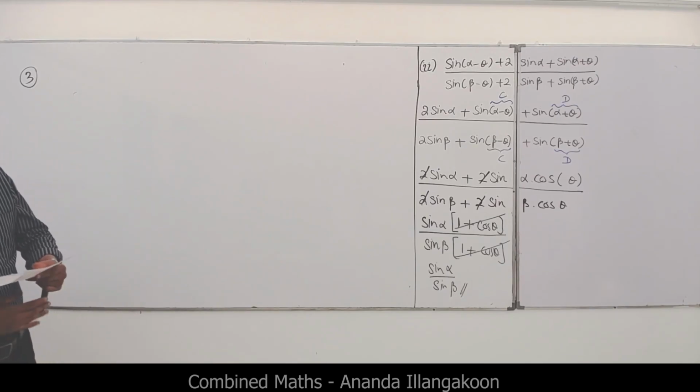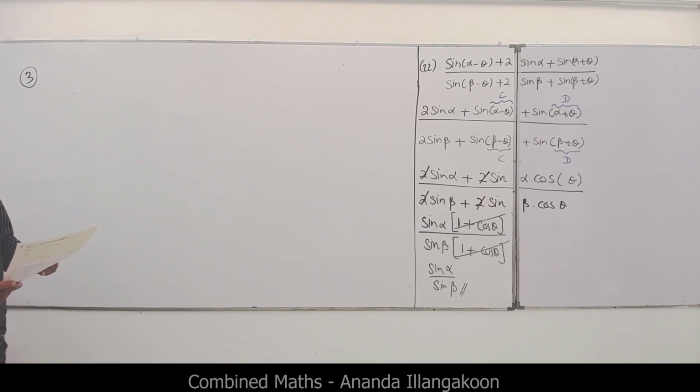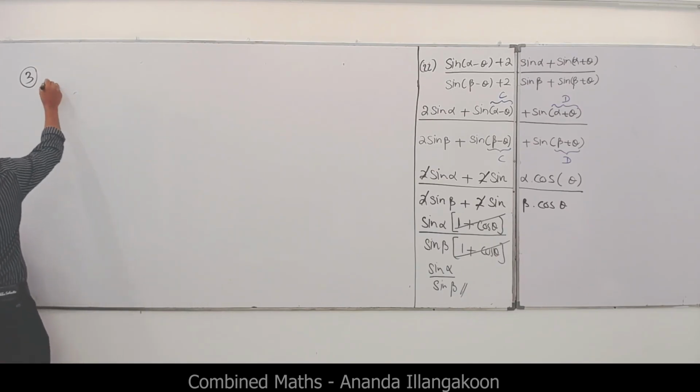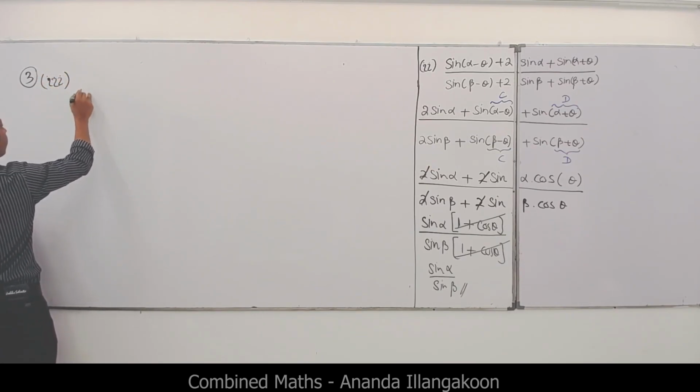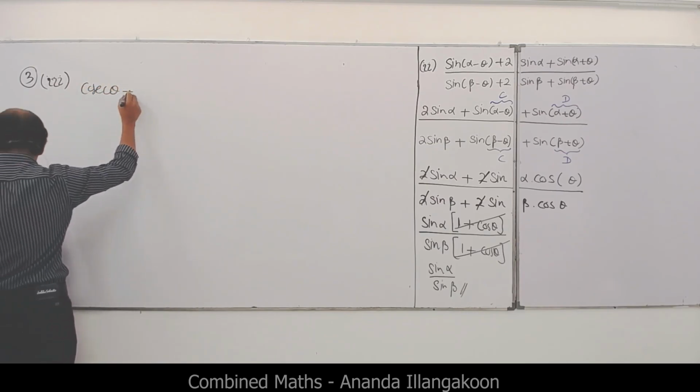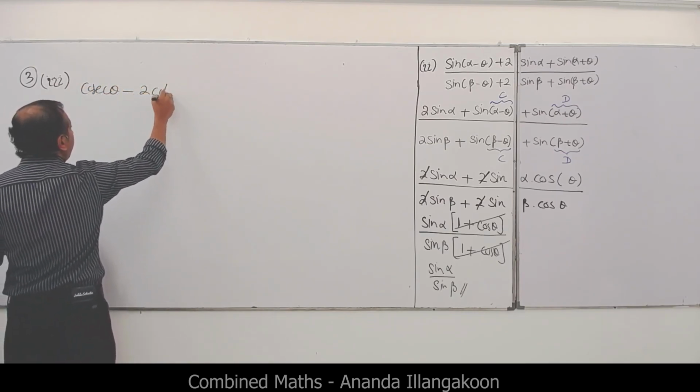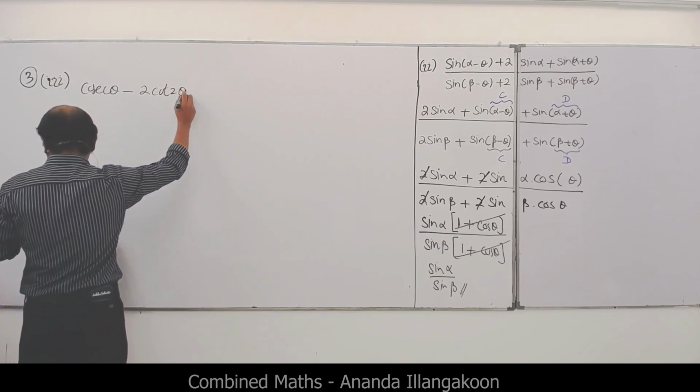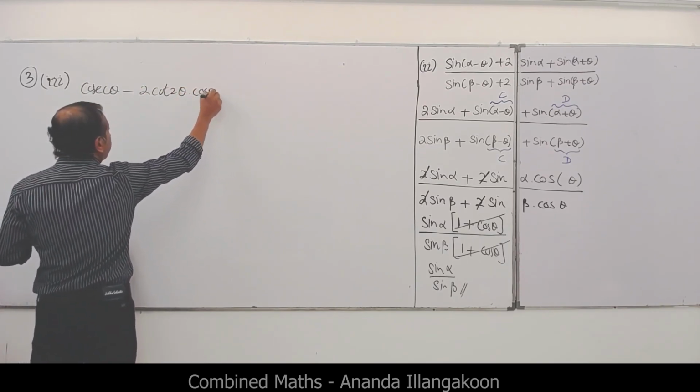Part 3 says to prove cosec theta minus 2 cot 2 theta into cos theta equals to sin theta. Cosec theta minus 2 cot 2 theta into cos theta.